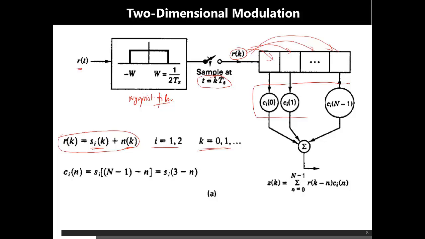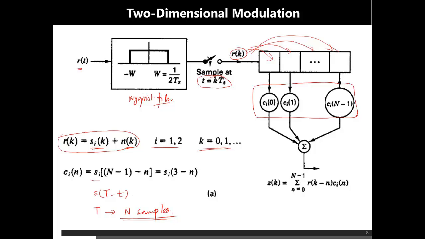Now these are the coefficients of the matched filter, and through the theory of the matched filter we have to decide what the coefficients are, because the continuous domain version was S of capital T minus t, and in each capital T you now have a total of capital N samples.